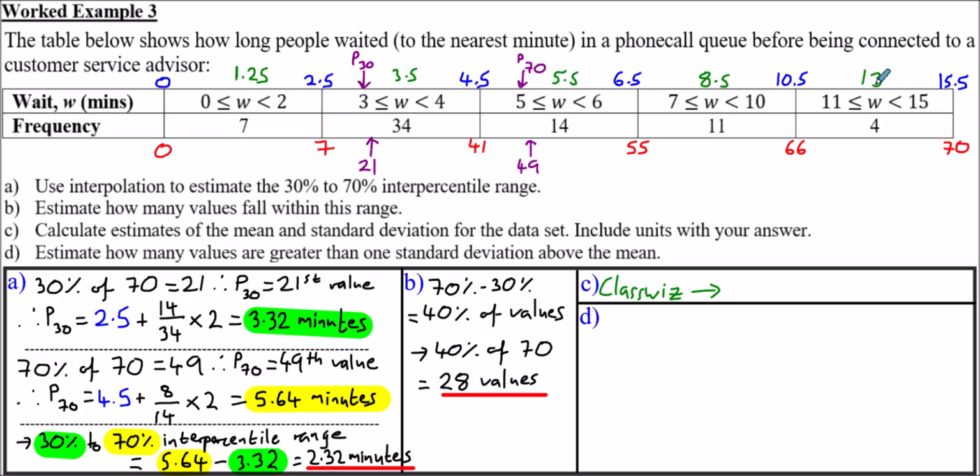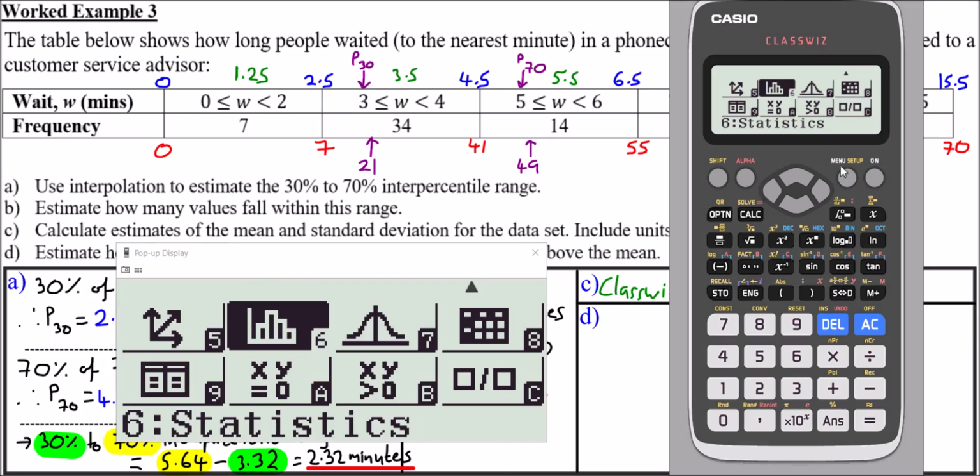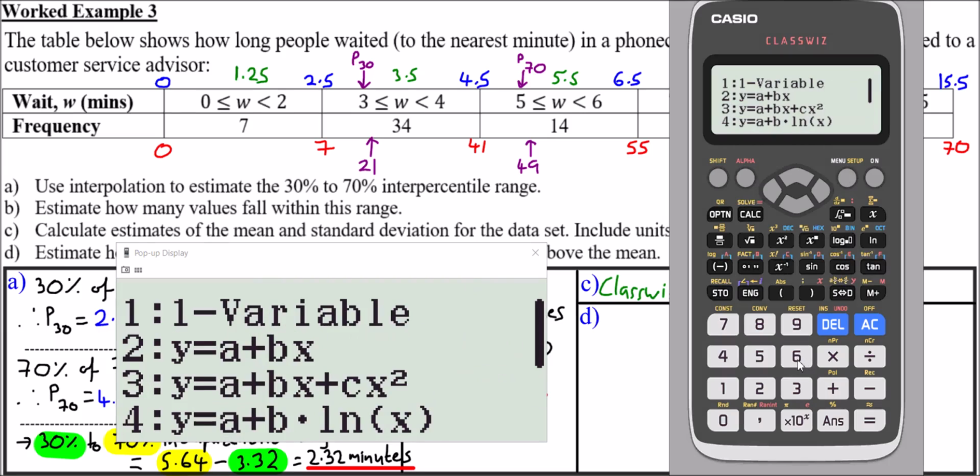What we're now going to do is use the ClassWiz to generate an estimate of both the mean and the standard deviation. So we press Menu, and we press option 6. Once we've got option 6, we're given these different lists here.